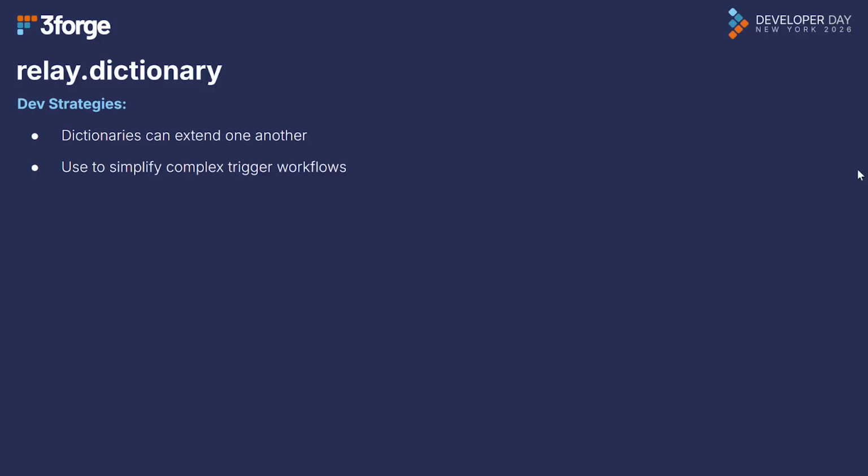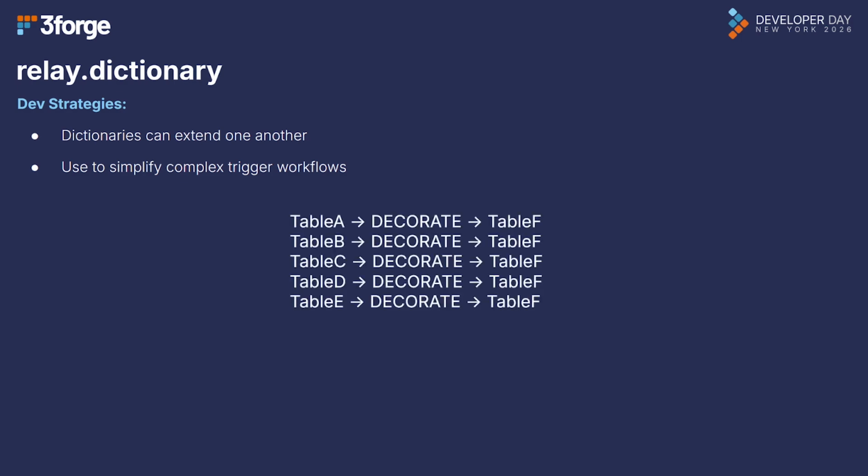One powerful thing for optimization is that relay transforms can be used to simplify complex trigger workflows. So here we have a set of 5 decorate triggers. This is actually from a client use case where their center architecture was getting pretty complex because they were building out a lot of different dashboards. So with this particular table F, they were decorating a lot of enriched values from separate reference tables.